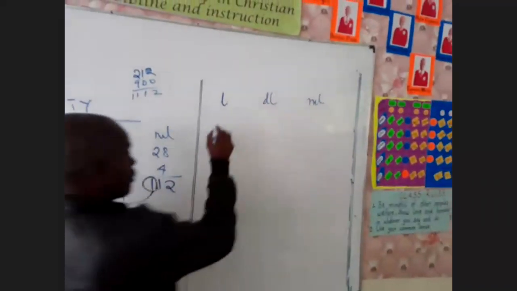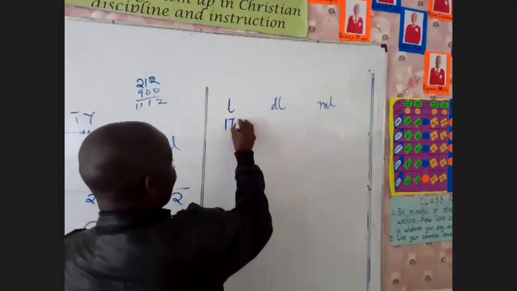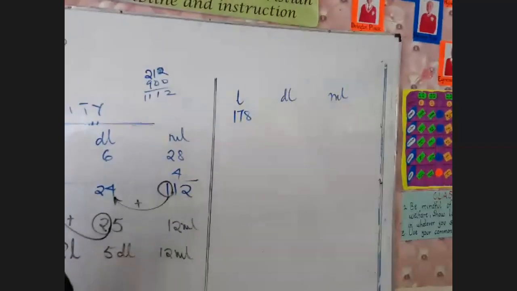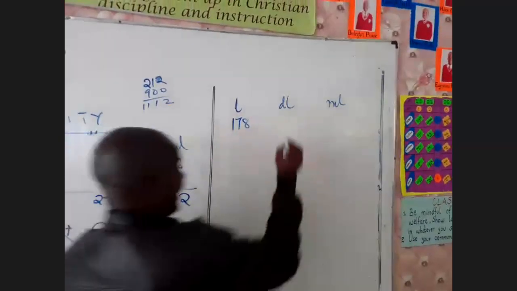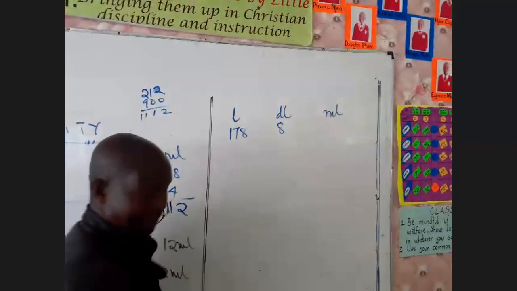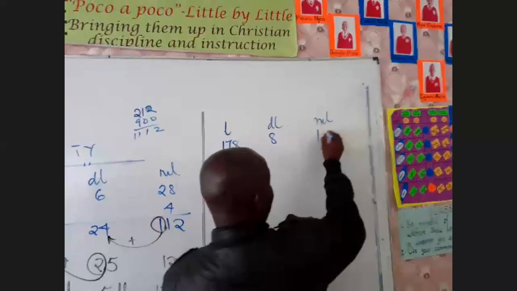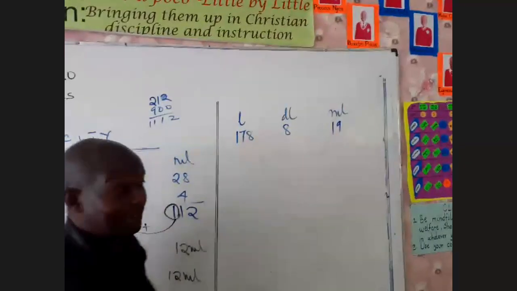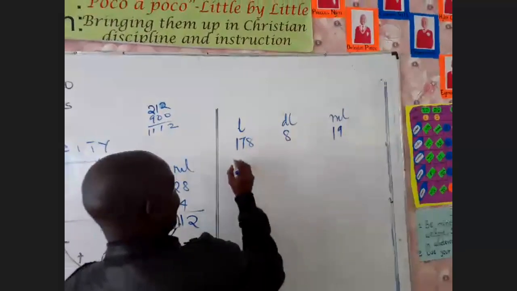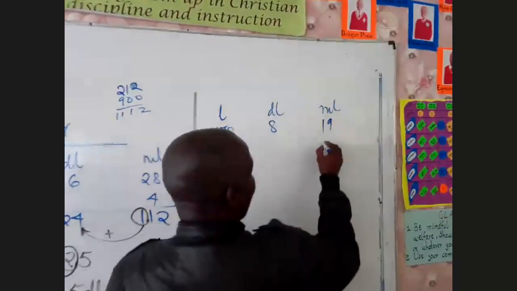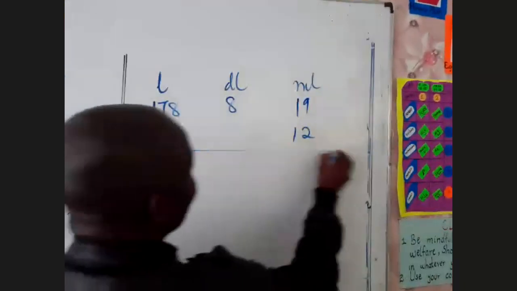Let me use the huge one. 178 liters. I use 8 deciliters, and the milliliters, let me use around 19 milliliters. And everything we multiply by 12. Haya, kazi rahisi namna hiyo.